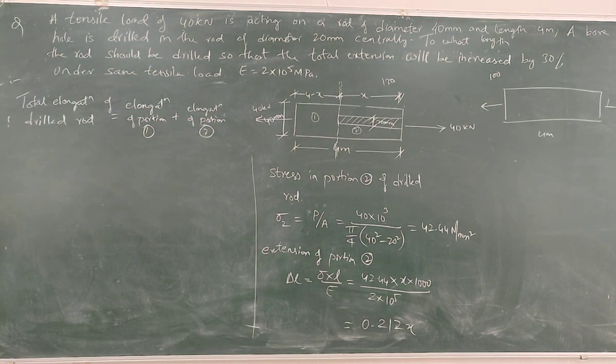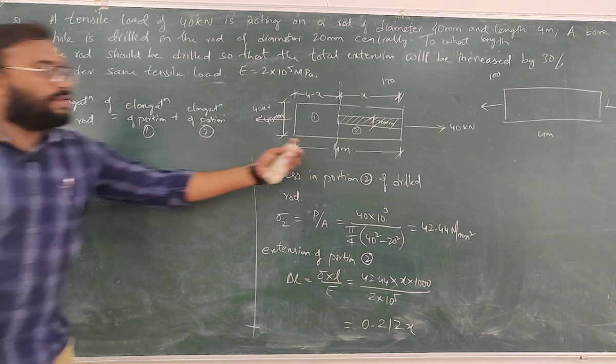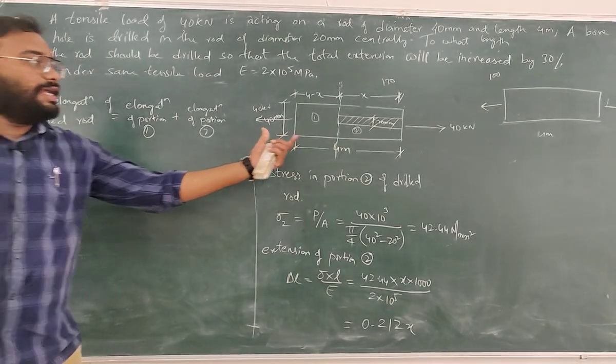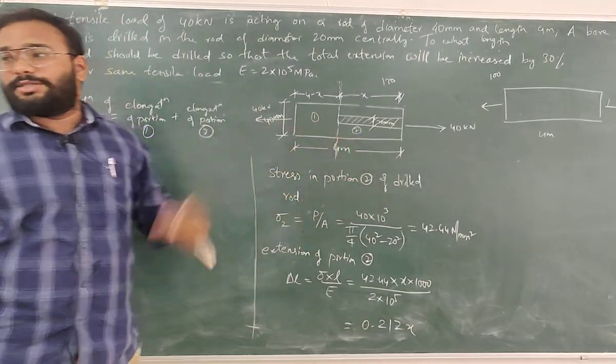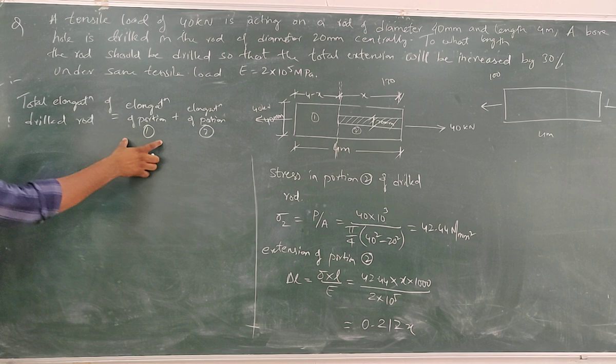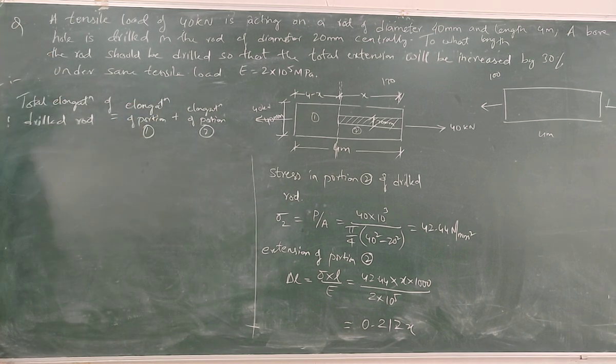Okay, this is by using which principle? Principle of superposition. Total elongation of this rod can be calculated by adding elongations of individual portions.